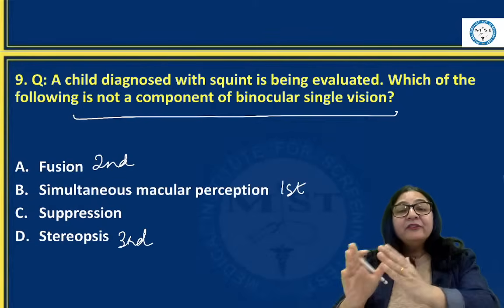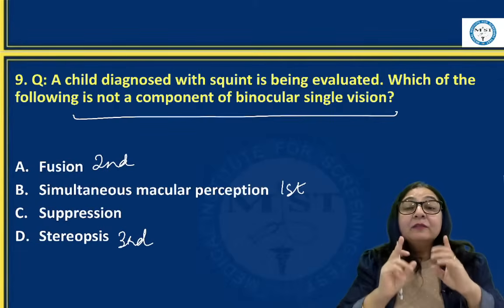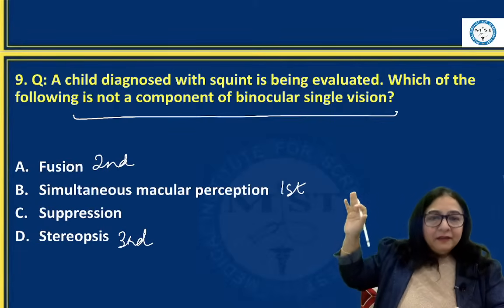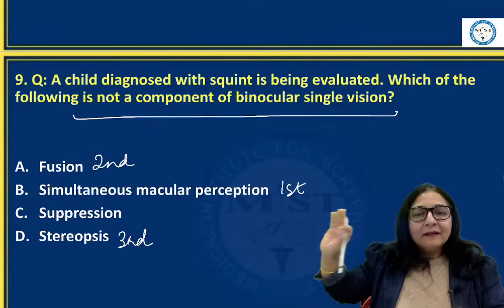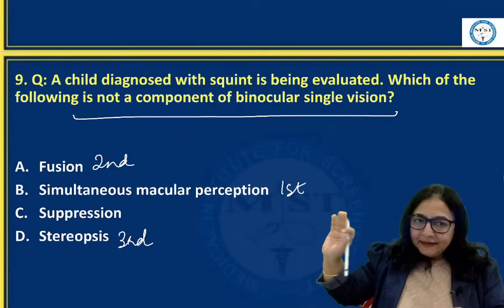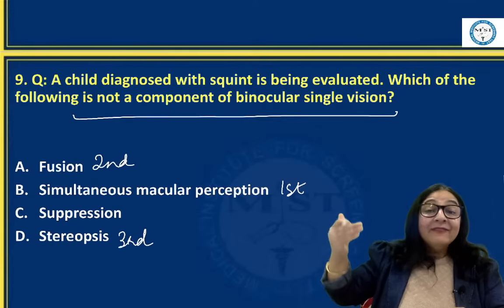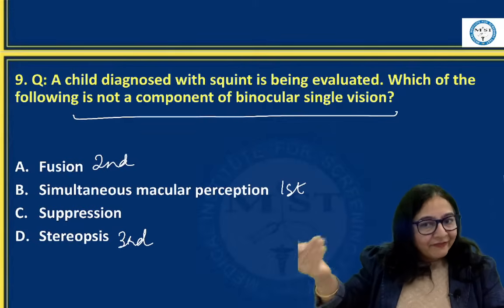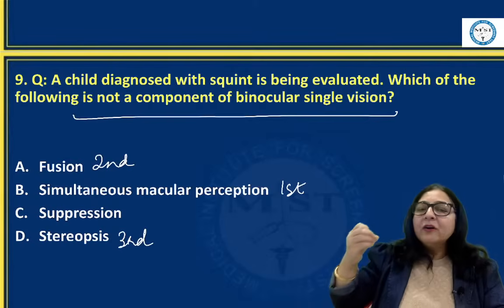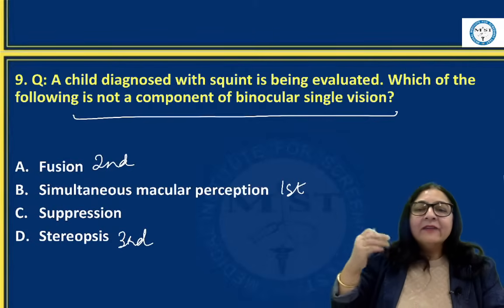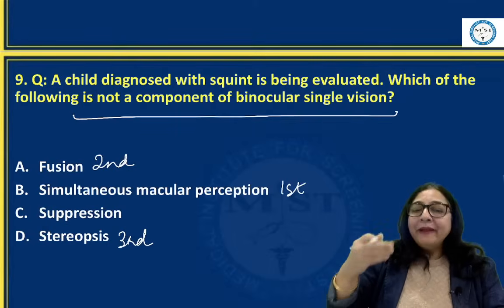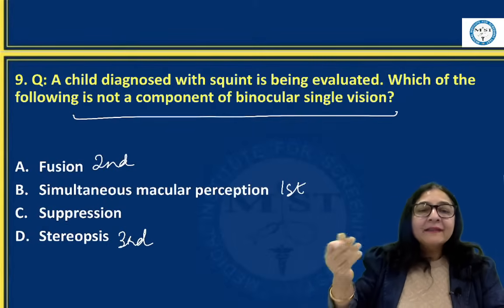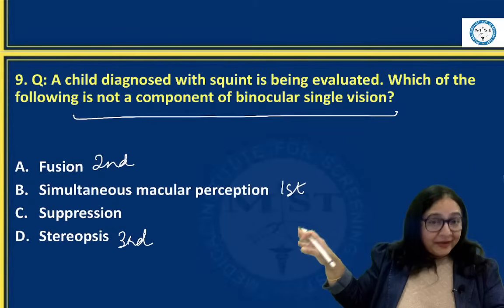So if your vision development in both eyes is normal, then you should have a complete binocular single vision. But when this vision development is affected because of squint, uncorrected refractive error, or anything which is compromising the vision development, be it congenital cataract, that will lead to suppression.